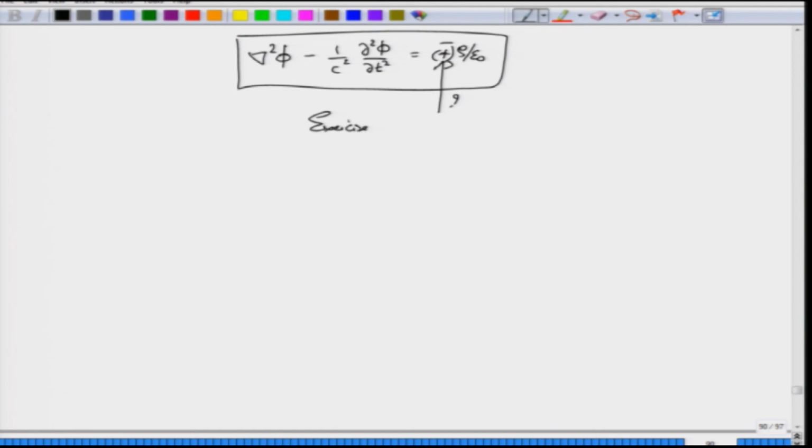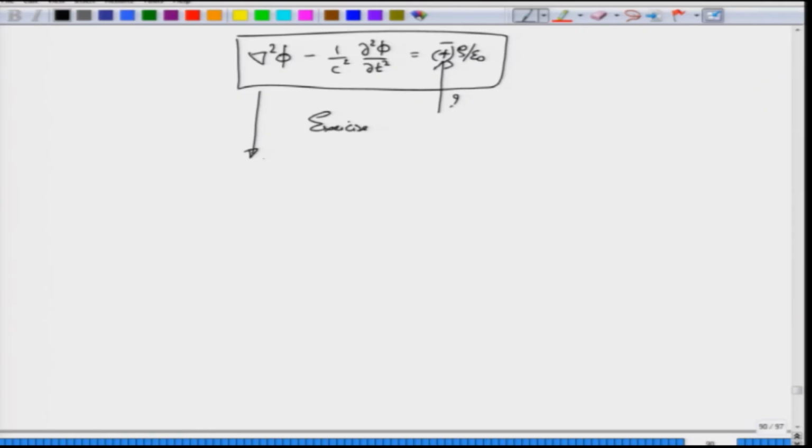But what I would like to stress is that if the right hand side were equal to 0, both the electric scalar potential, which is now time dependent, as well as the magnetic vector potential, which is also time dependent, will satisfy the same type of wave equation.